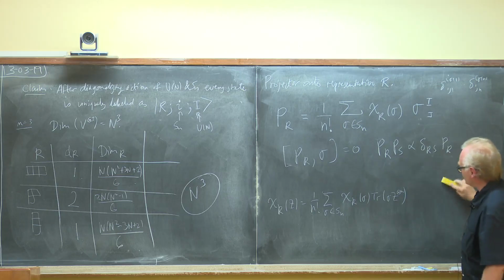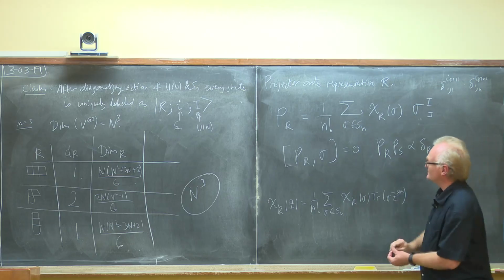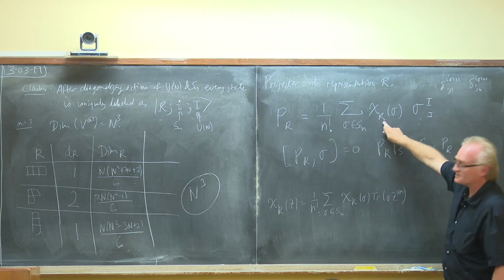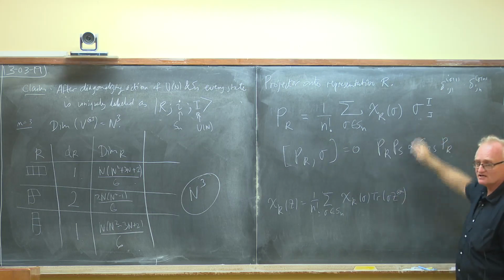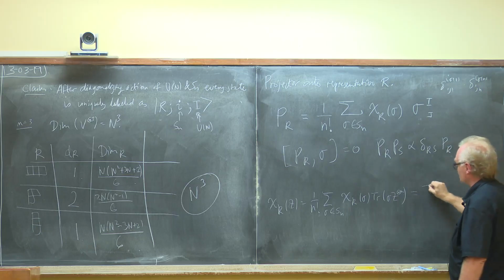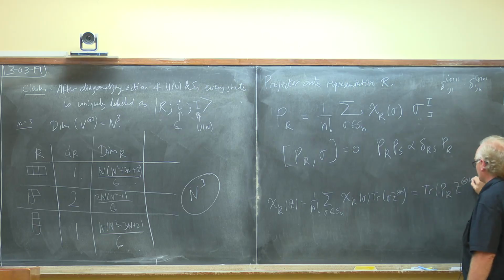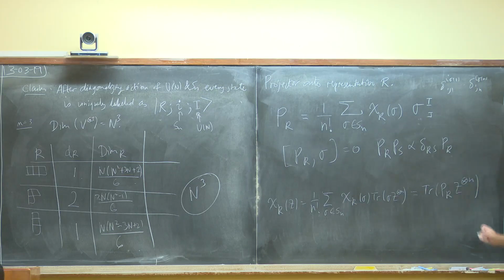And if you take a look at what's going on, the 1 over n factorial matches, there's the same sum, there's the same character, and there's sigma. So in fact, the Schur polynomial is a trace of a projection operator onto Z tensor n. So now we have a good understanding of this redundancy, how it plays a role, what is the structure, and we're going to use this to get characters in a moment.